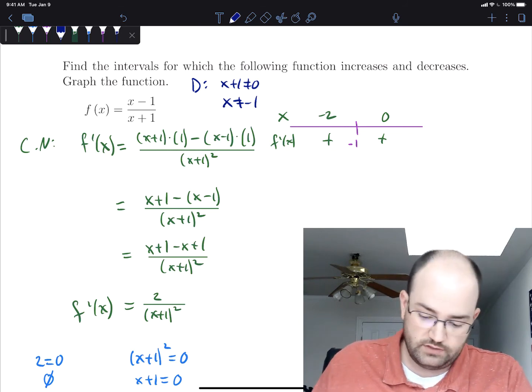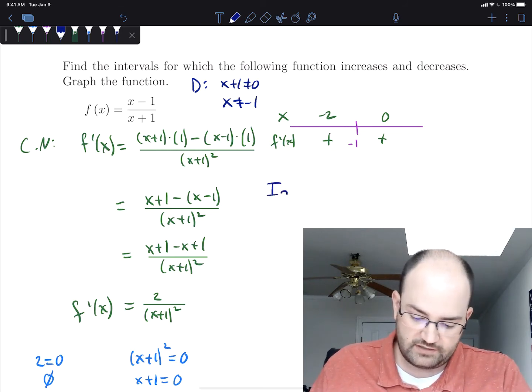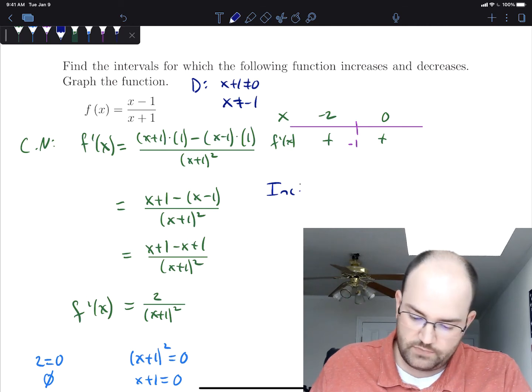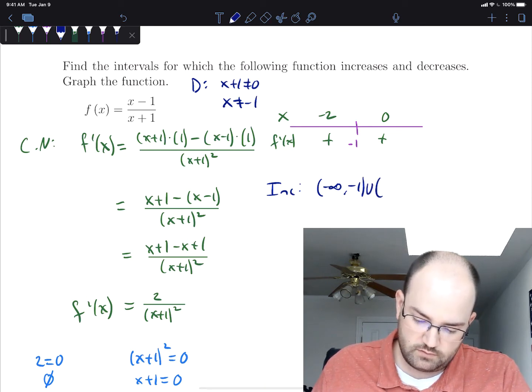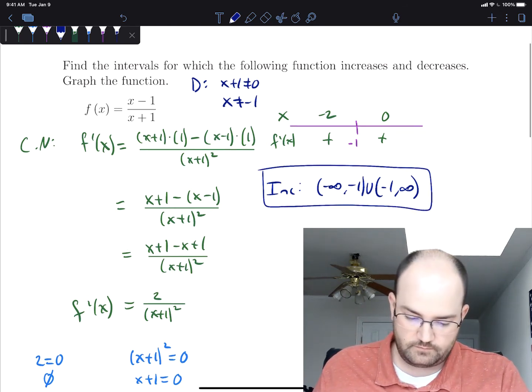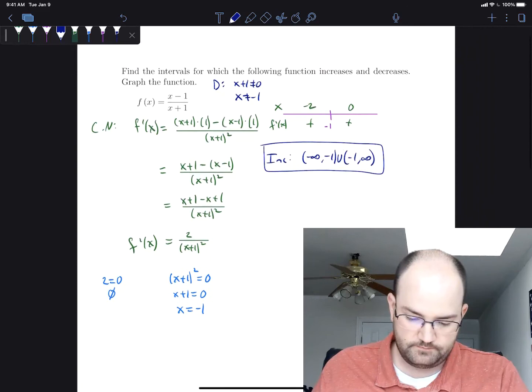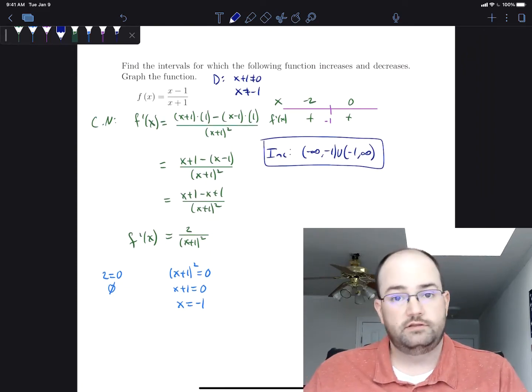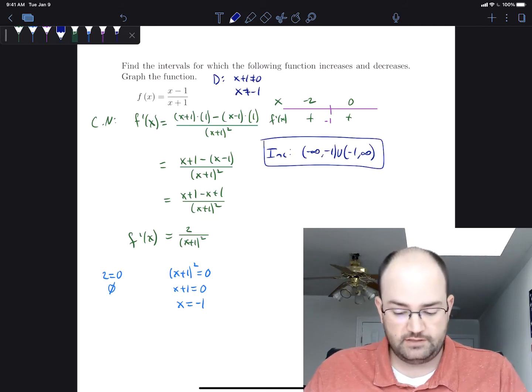So as a result, we are increasing on negative infinity to negative 1 union negative 1 to infinity. And there we go. Excellent. This function is never decreasing.